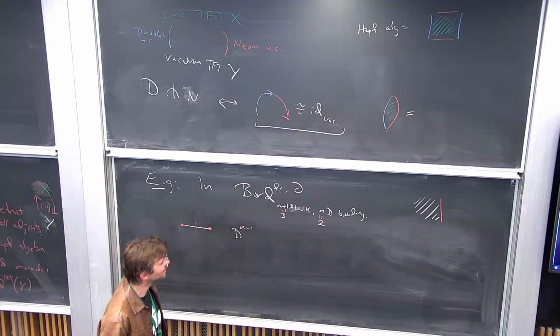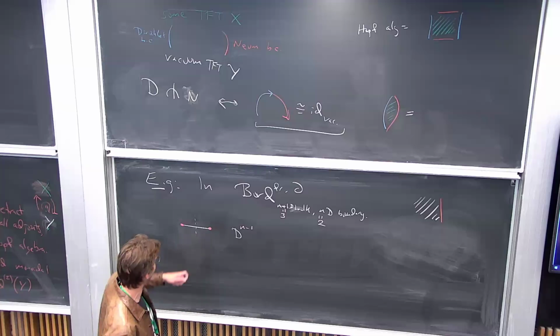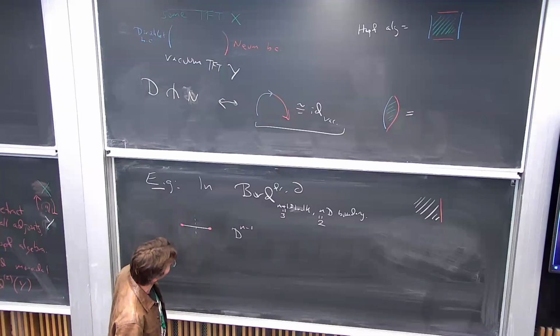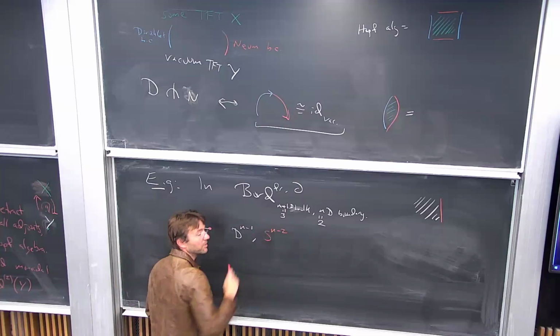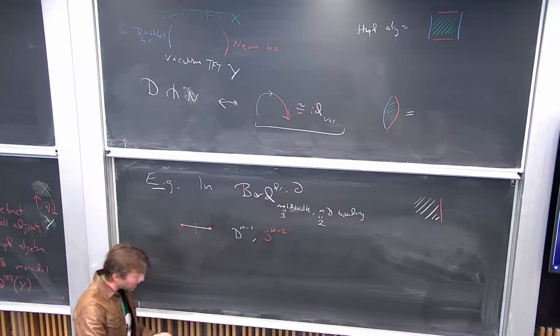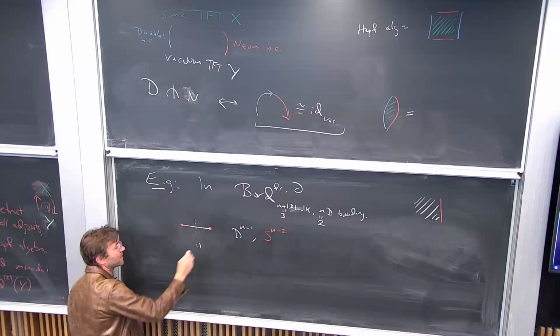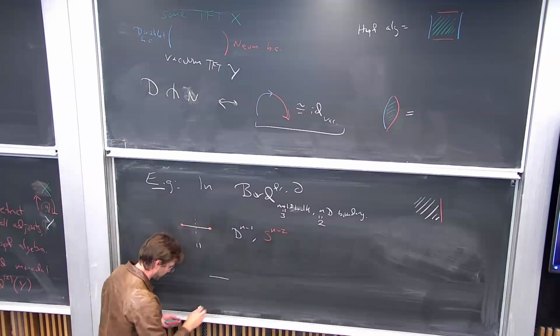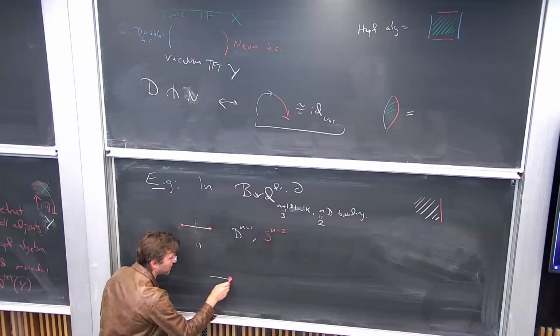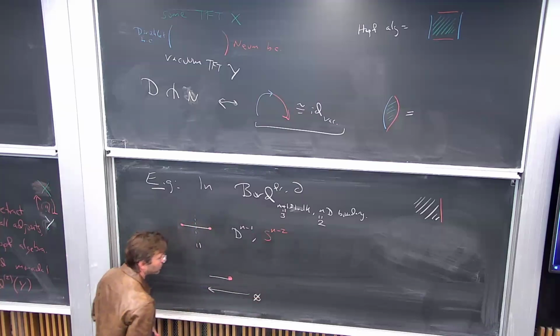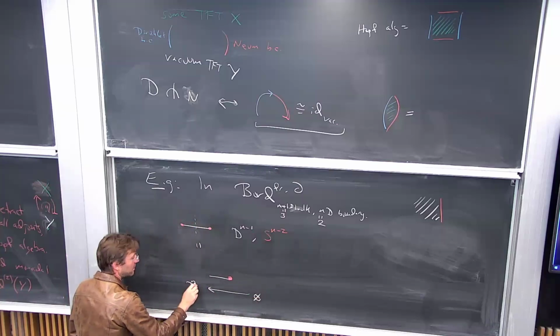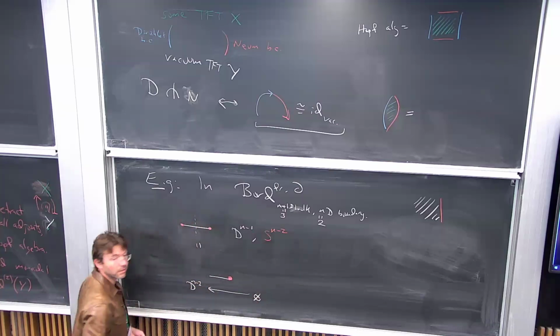So this is the disk with its n-2 dimensional sphere as its boundary. But for instance, you could certainly write this as a composition of a bordism from the empty set to the d-2 disk.